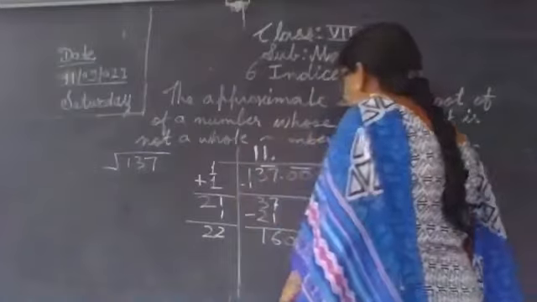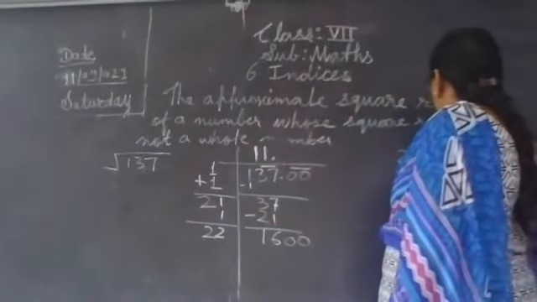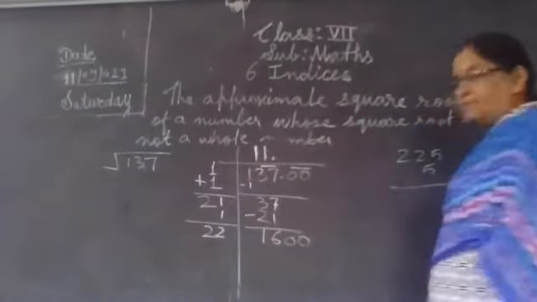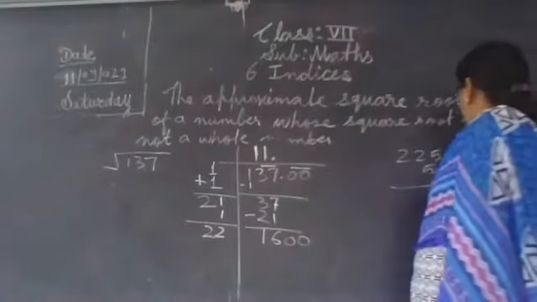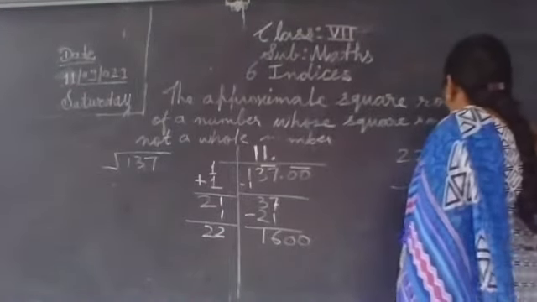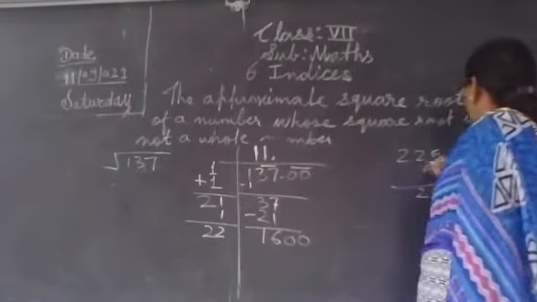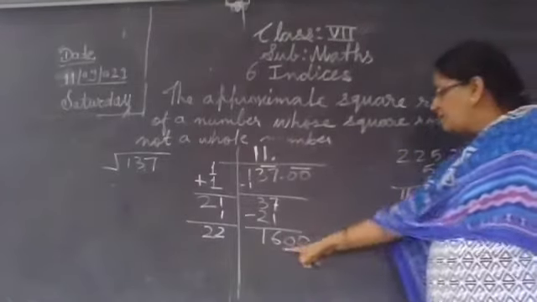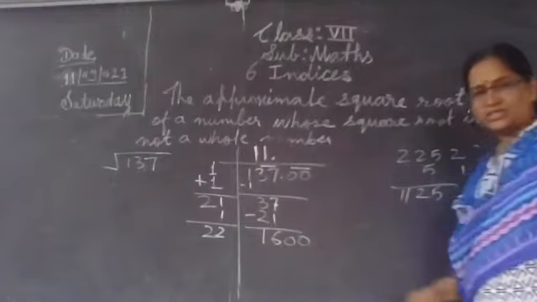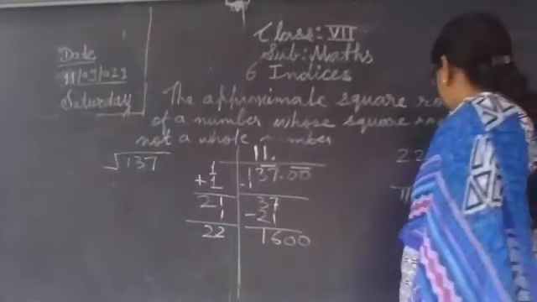So let's start. If I write 5 and multiply by 5, it comes to 1125. But it is much smaller than this, so we will try the next.